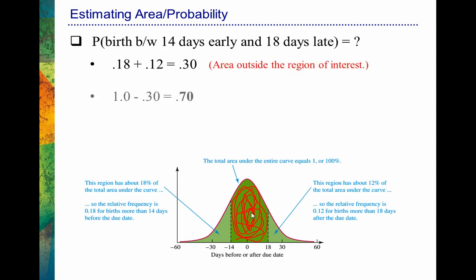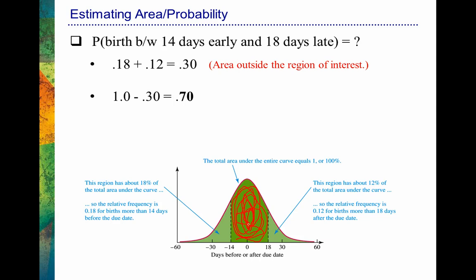So here we're going to take 1, subtract 0.30, and again, that 0.30 equals the area outside the region of interest. That's this area right here, 0.18, plus this area in here, 0.12. If we take 1 and subtract those outside areas, we get 0.70 that is left. Well, that area is 70% of the area underneath this normal distribution.